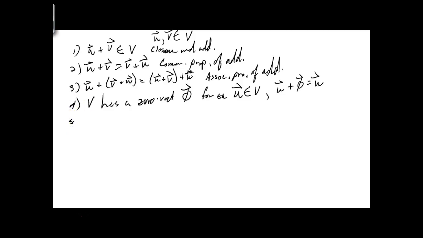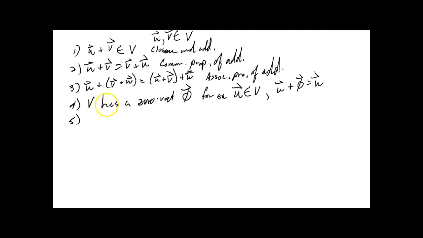The last of your additive properties. For every u in V, there is another vector, minus u, such that u plus minus u is equal to what?